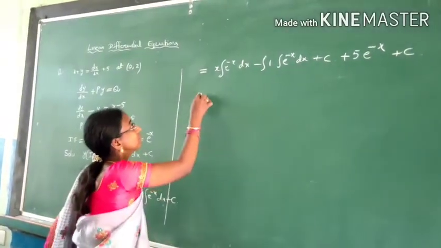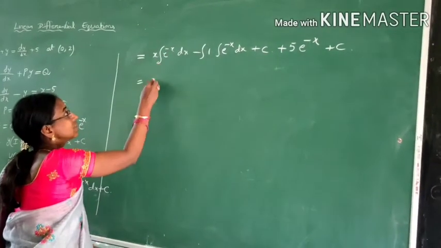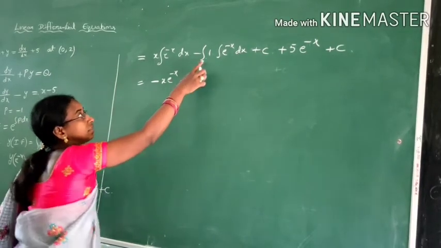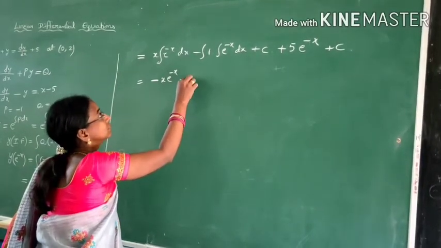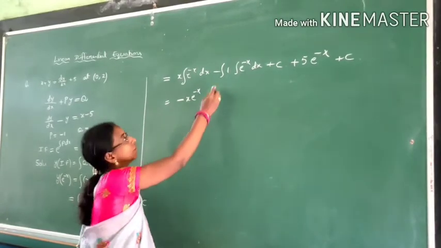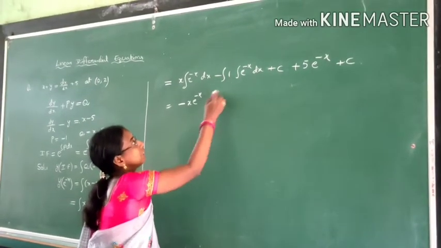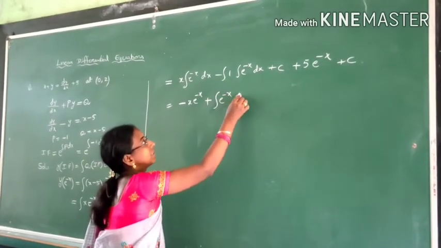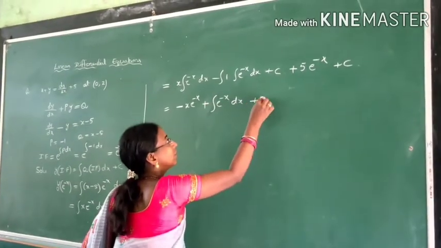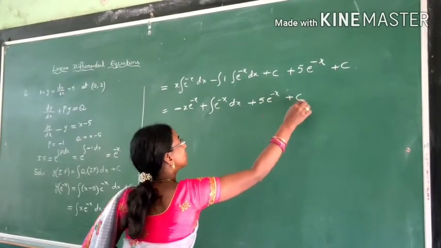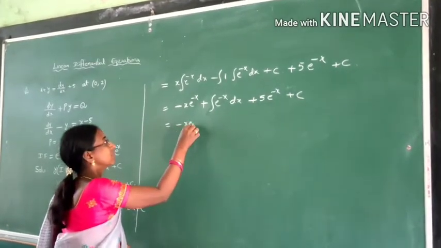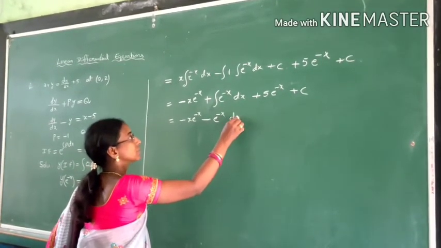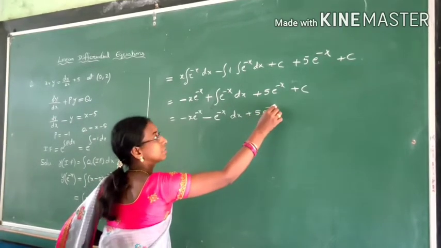Now this becomes, simplified here, minus x into e power minus x minus the integral of 1 times the integration of this, which is plus the integral of e power minus x dx, plus 5 e power minus x plus c. Now this is equal to minus x e power minus x, the integration of this is minus e power minus x, plus 5 e power minus x plus c.